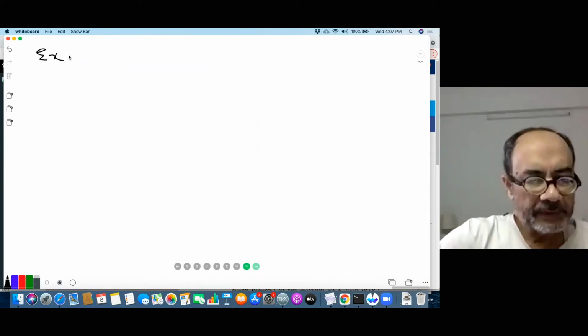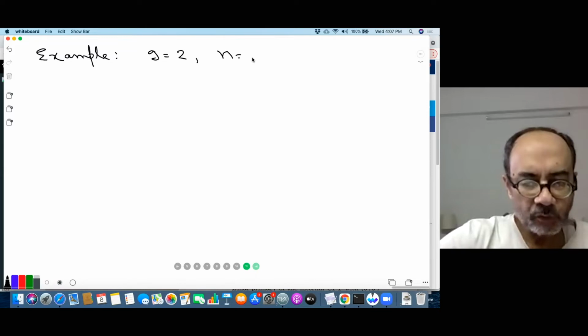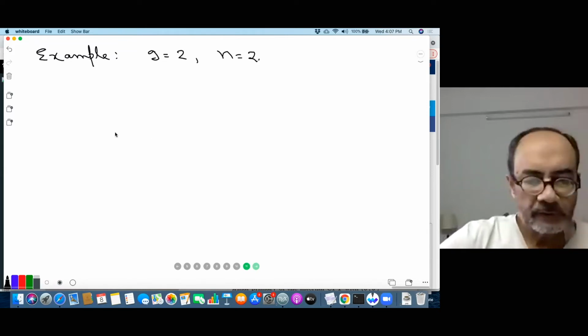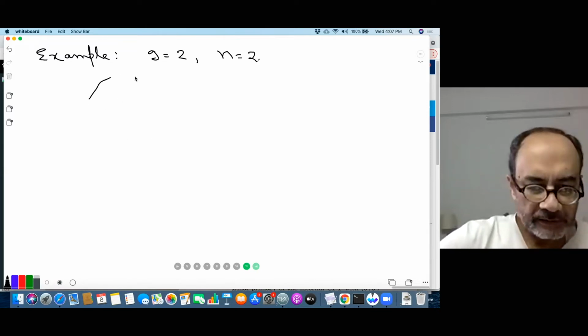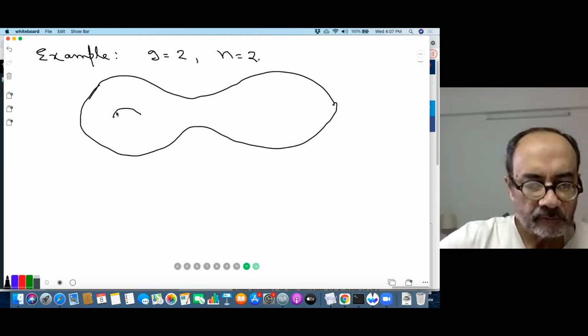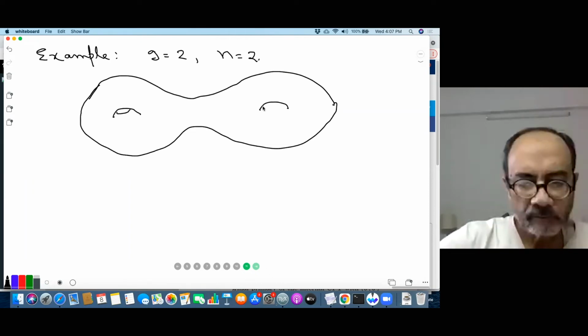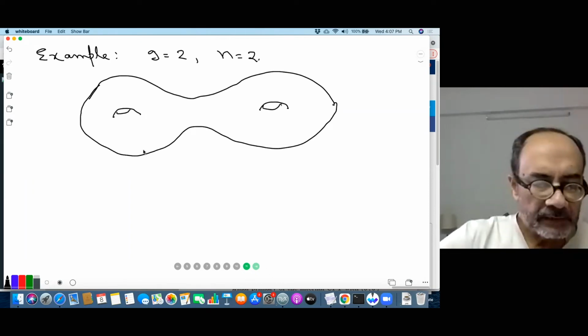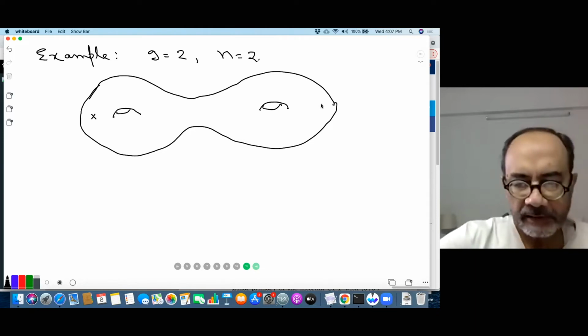So the example that I'll be considering is g equal to 2, n equal to 2. So let's draw a genus 2 surface. And let's suppose that we have two punctures, one here, one there.